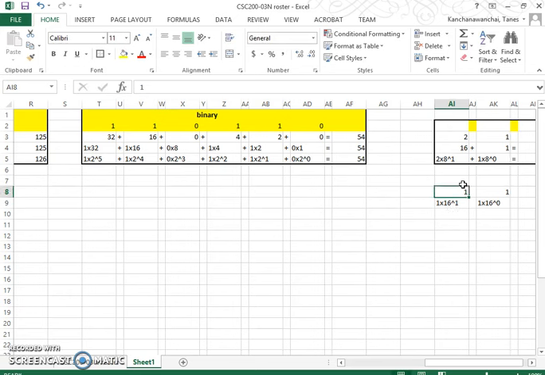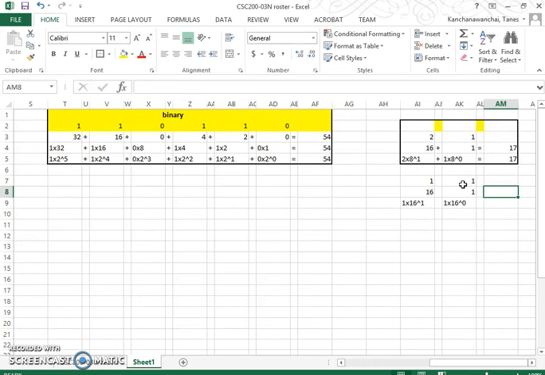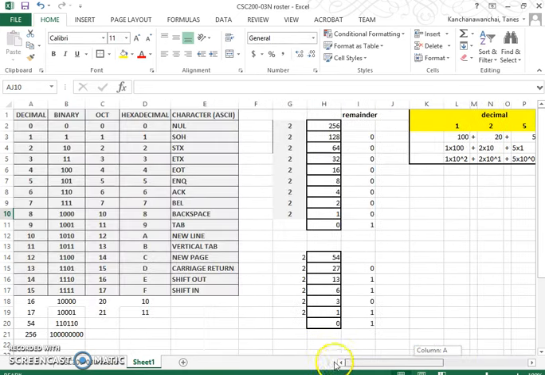So this will be the 16, and this is going to be a 1. So when you add them, you're pretty much going to get 17 back. Okay? So that's the same principle. That's why when you have 1, 1, you convert back, you get 17.